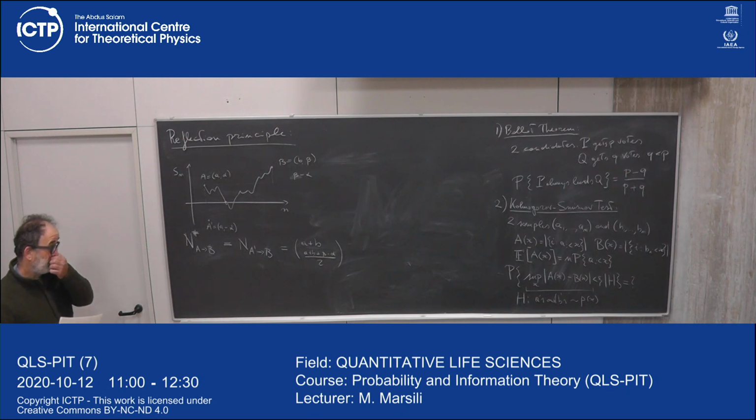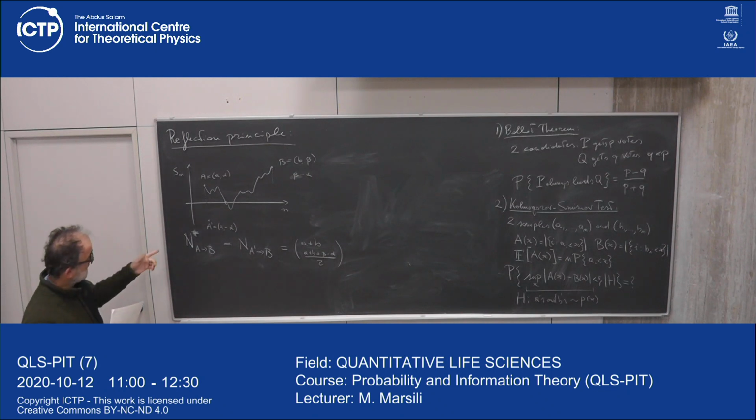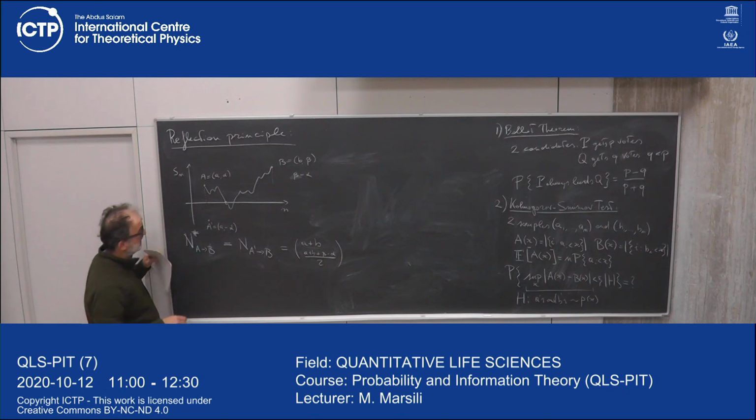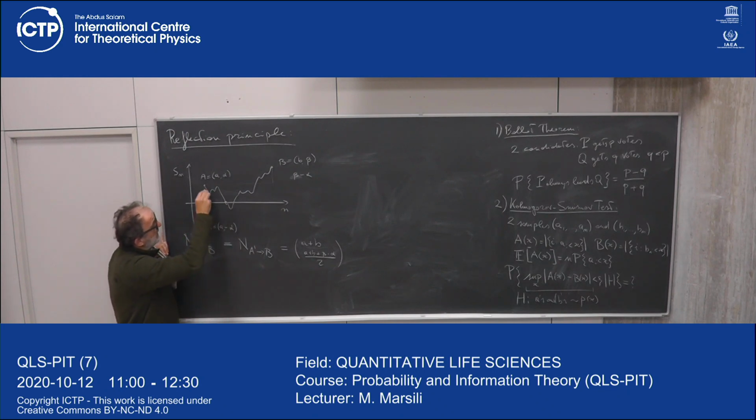So what is the proof of this statement? The proof is rather easy. It is based exactly on the reflection. That is, for any path that goes from A to B crossing this axis, there will be a point T where this path first crosses the axis.